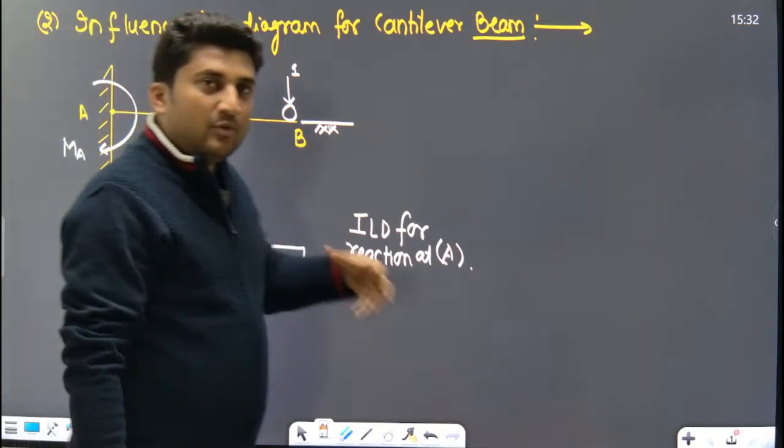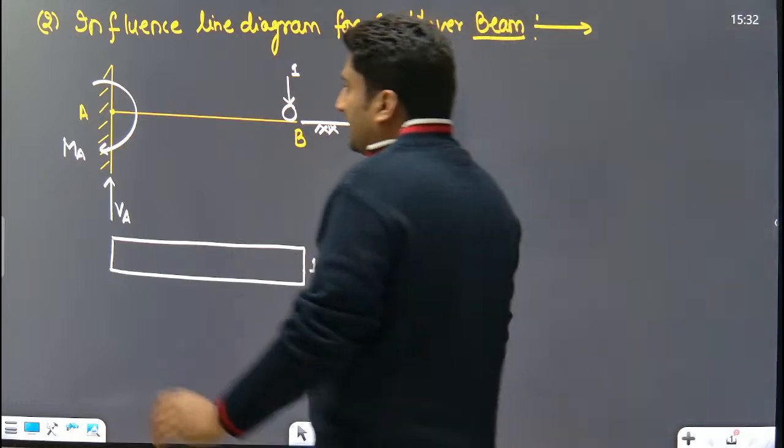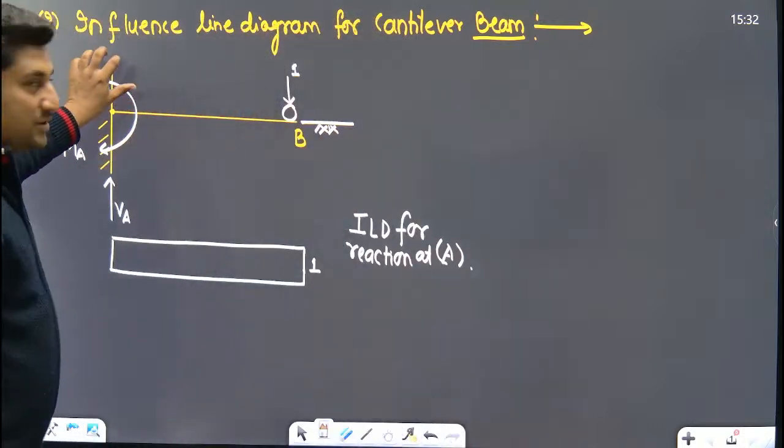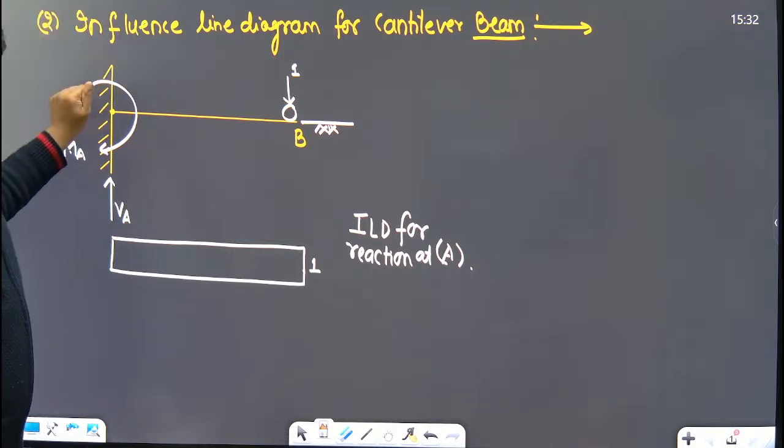So you need to keep this moment, remove the fixed support and lift it by 1 unit.